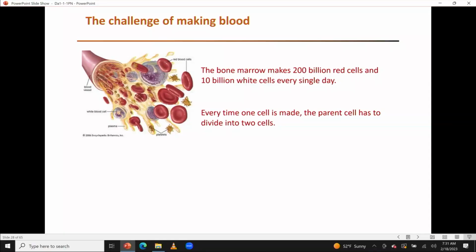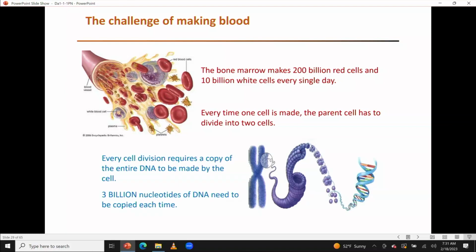So the bone marrow makes 200 billion red cells a day. And it makes 10 billion white cells a day, every single day of our life. And every time one cell is made, the parent cell has to divide into two cells. And every time you divide into two cells, you have to make a copy of your DNA, the entire DNA, and you have to pass it equally to both cells.